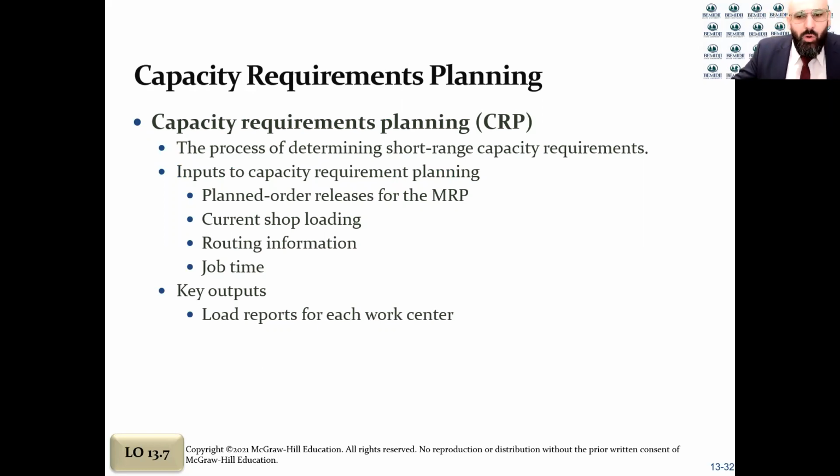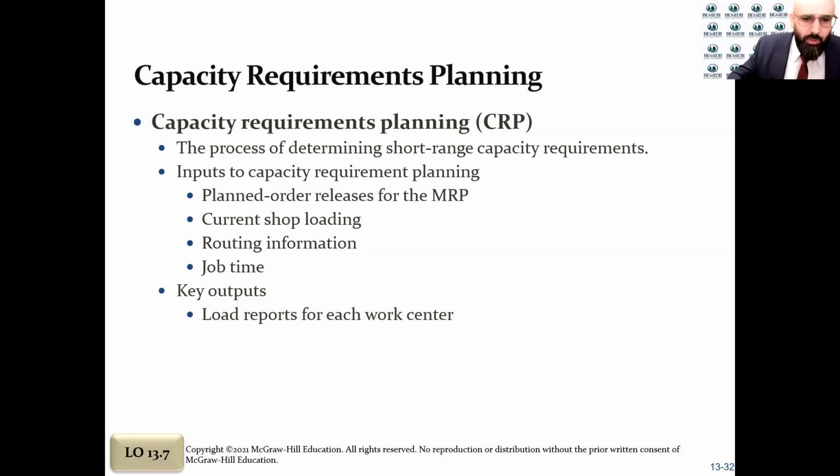Input to capacity requirement planning comes from planned order releases from the MRP, so what exactly is needed and when we have to ask the manufacturer to do; the current shop load, the exact load for each station; routing information, where this product has to go; and the job time, how long it will take to finish one job.